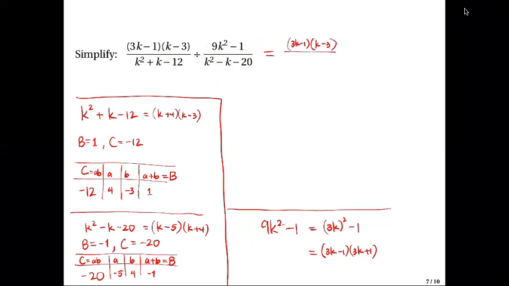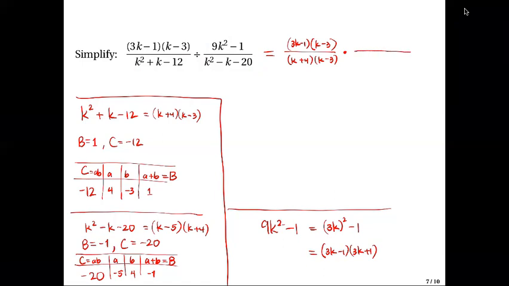Denominator, you have k squared plus k minus 12. We were able to factor that into k plus 4 times k minus 3. Division, we change that to multiplication. We get the reciprocal of 9k squared minus 1 over k squared minus k minus 20.